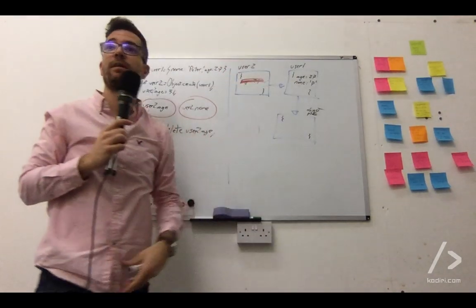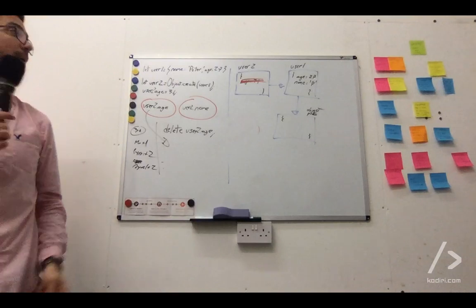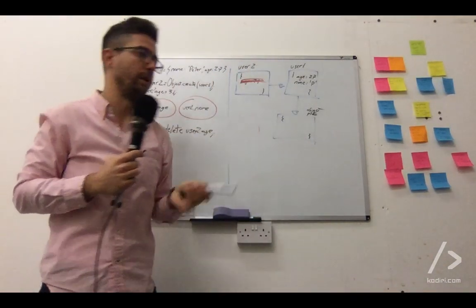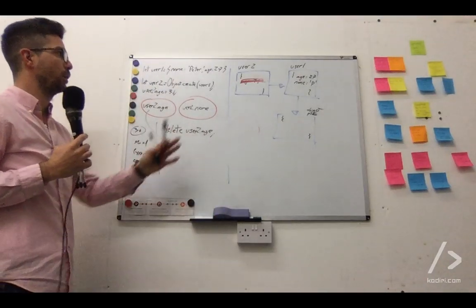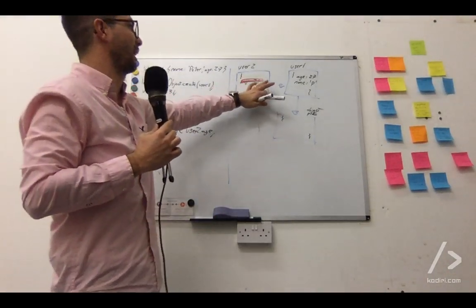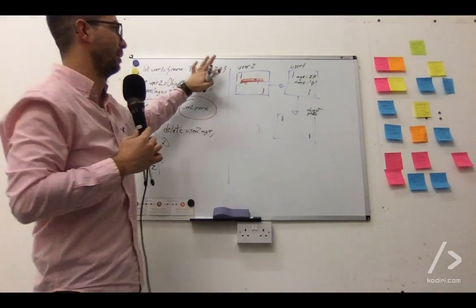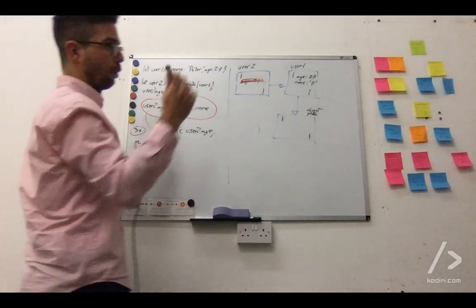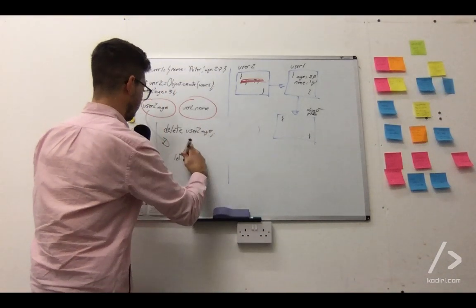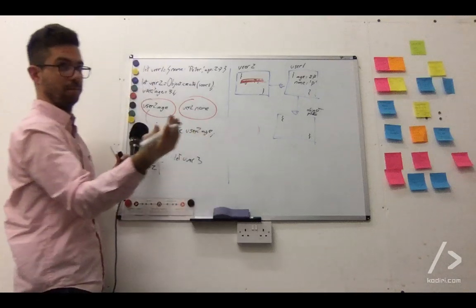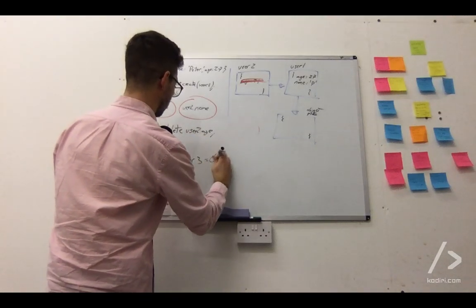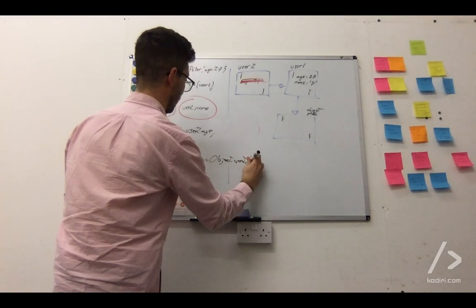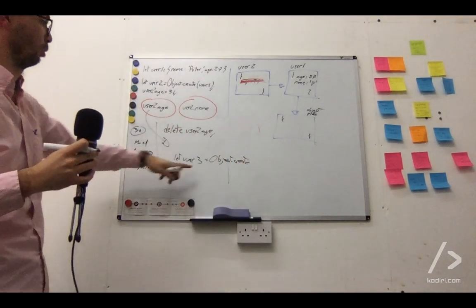Check on the next one. Do we have the age property in user one? Yes, we do. So then return it. As you can imagine, this is a hierarchical mechanism. So that means we can, of course, do let user3 equals Object.create, and then we can decide what's the prototype of user3.